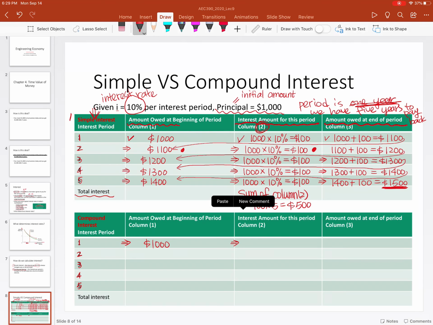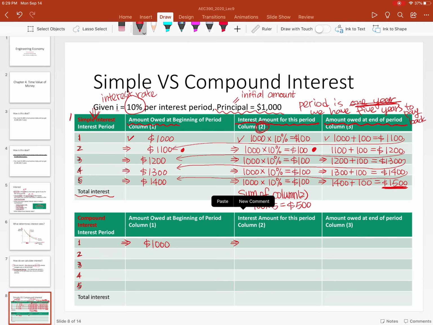By definition, compound interest means every time you calculate interest, you need to use the principal, the initial amount you borrowed, plus the interest in the previous period. But now we're in the first period, first year. So we have not collected any interest at all, which means the interest for year 0 is 0, right?